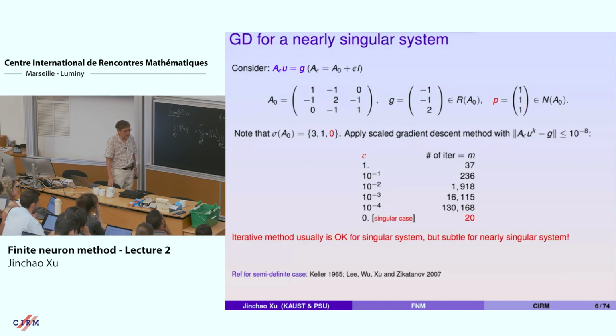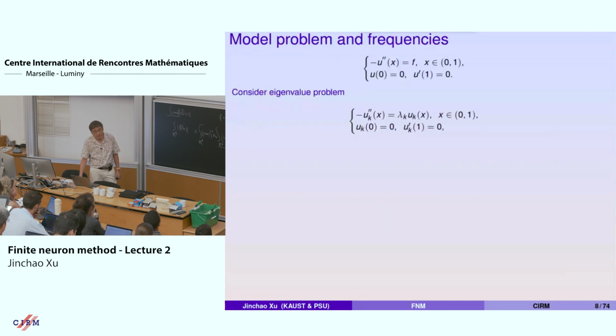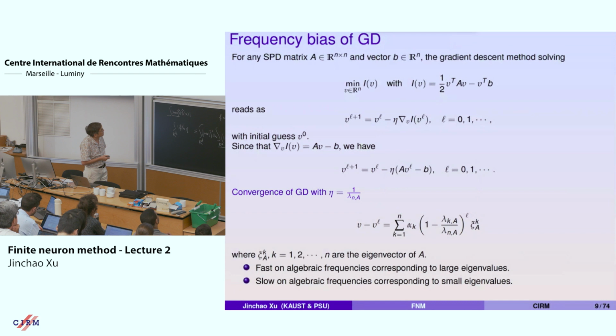Another thing is about the frequency principle. I'm going to come back to this example later on to improve this method, okay? There's something called a frequency principle, which has been studied in the literature. I'm going to look at this frequency, the model problem, and let me just look at this one first. If you look at the quadratic problem, the symmetric positive definite matrix, you look at the analysis.